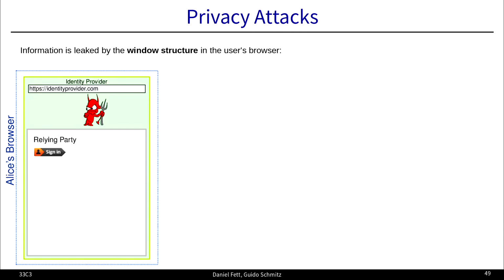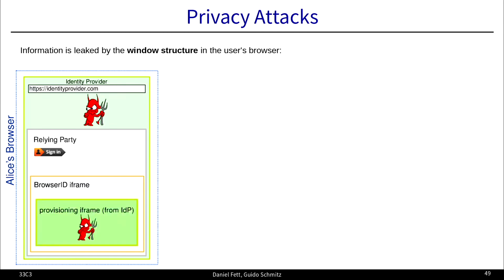Now the following happens. The normal JavaScript of BrowserID runs in this relying party because it has BrowserID support, obviously, and creates an iframe. And inside this iframe, another iframe will be created. But this innermost iframe will only be created if the user logged in at this RP before. Now, since the outermost and the innermost iframe come from the same source, they can collaborate and communicate.